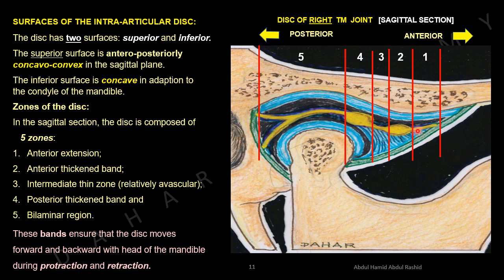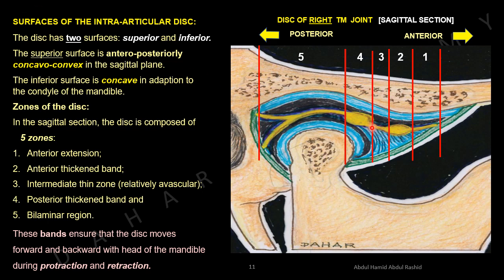Zone 1 is the anterior extension and Zone 2 is the anterior thickened band. Zone 3 is the intermediate thin zone, relatively avascular. Zone 4 is the posterior thickened band and Zone 5 is the bilaminar region.